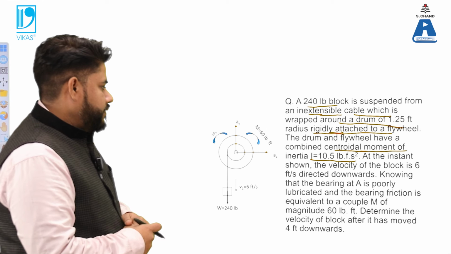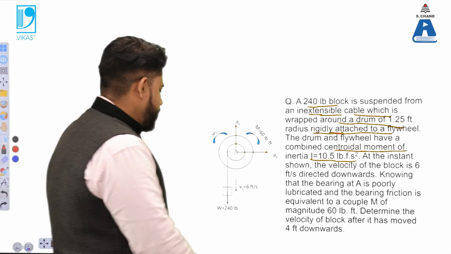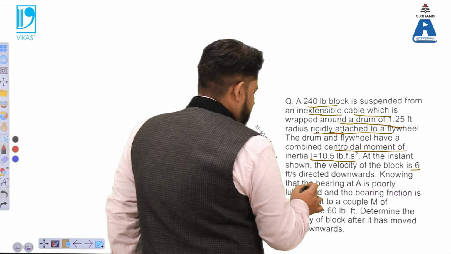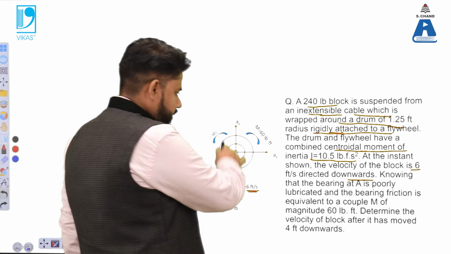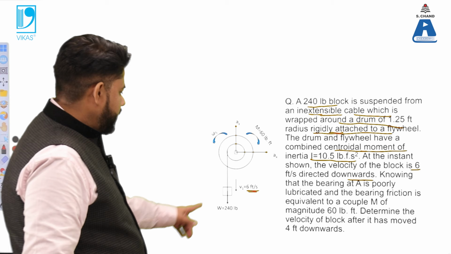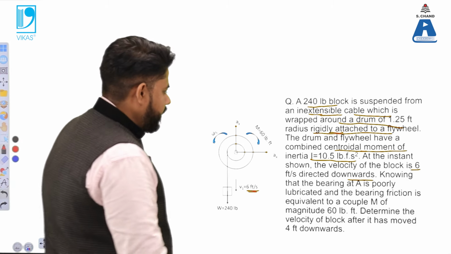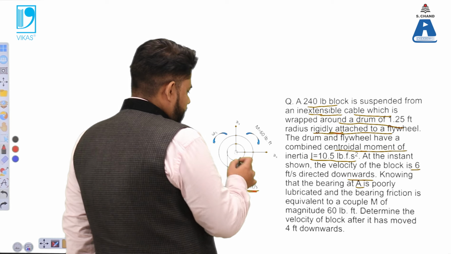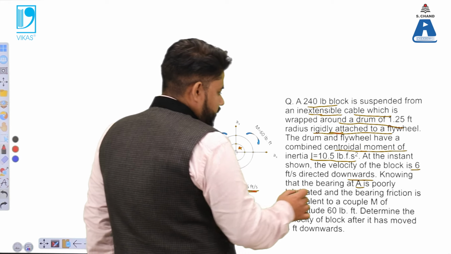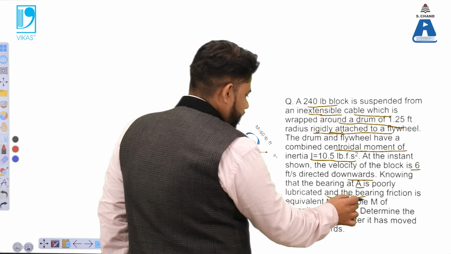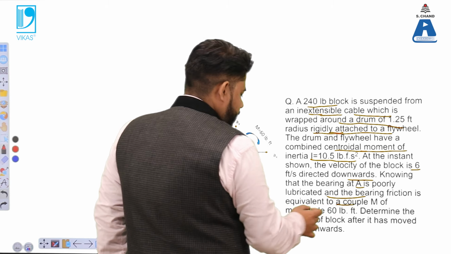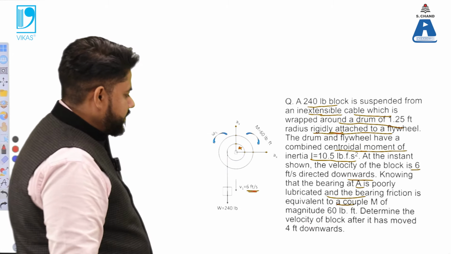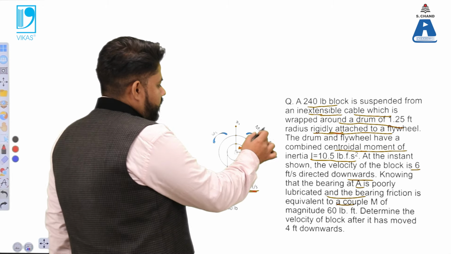At that instant which is being shown, the velocity of the block is 6 feet per second, and that is directed downwards, with that weight also mentioned here. Knowing that the bearing at A is poorly lubricated, the bearing is equivalent to a couple with a magnitude of 60 pound-feet.